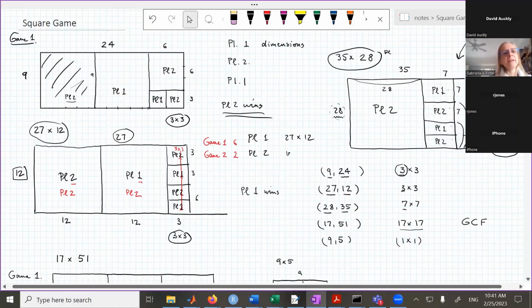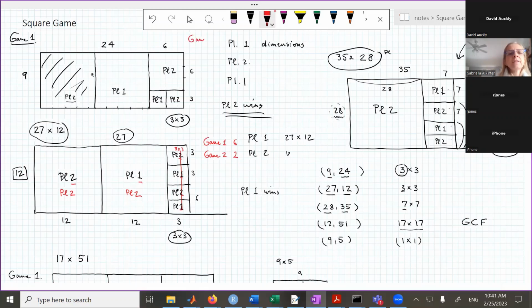Okay, for our first one, 9 by 24, game 1 was 1, 2, 3, 4, 5 steps. 5 squares were drawn in, right? Game 2, how would that go? Player 2 would draw this square and this square too.